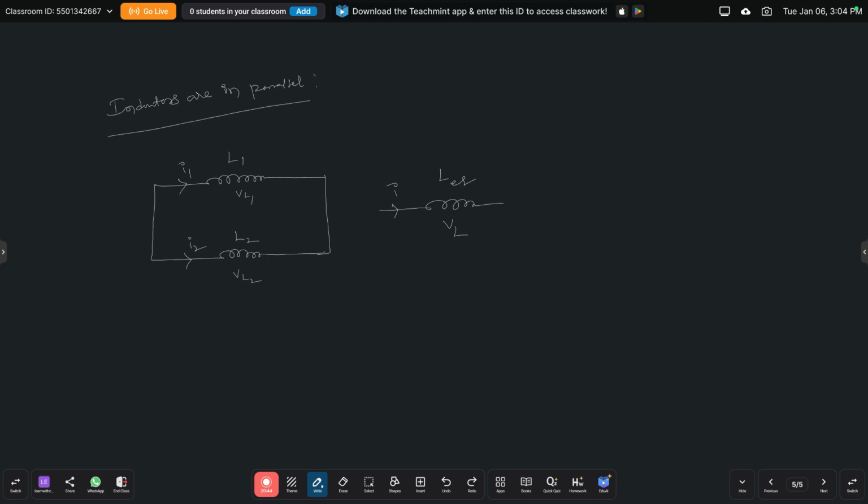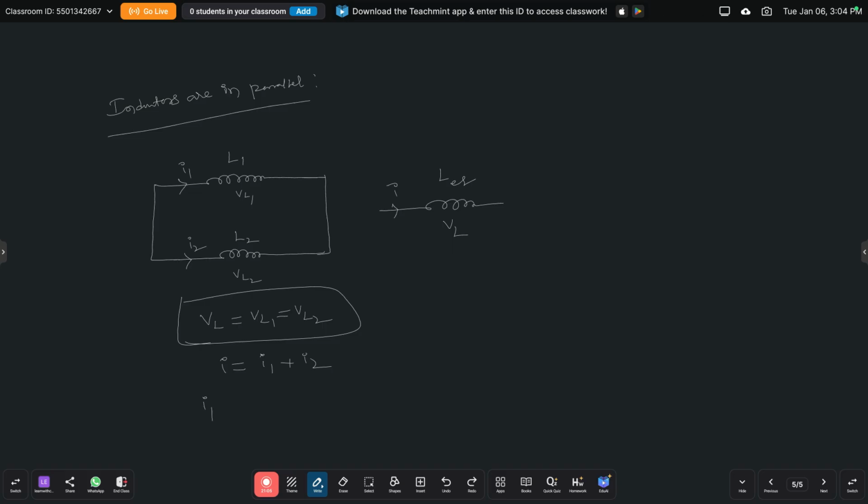Parallel means there is always the same voltage, that means VL is equal to VL1 and VL2, but there is a different current. Different current means I is equal to I1 plus I2. So what is the value of I1 and I2?